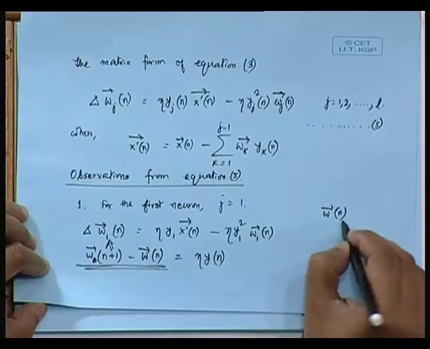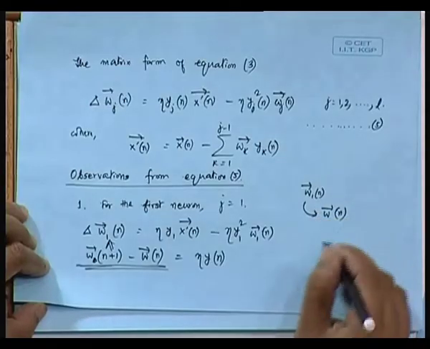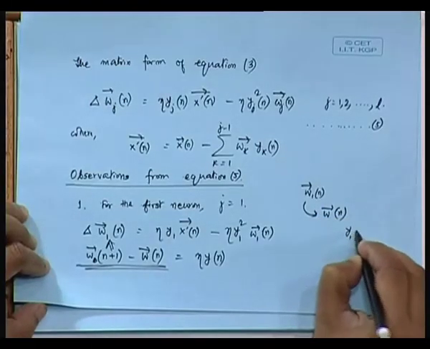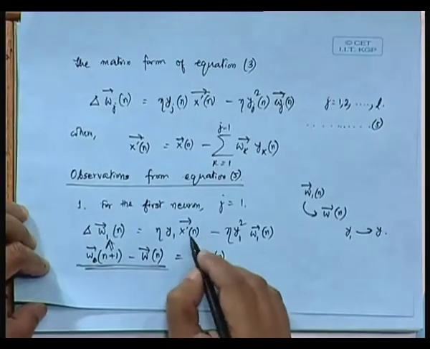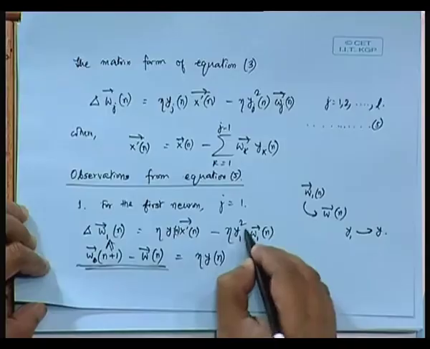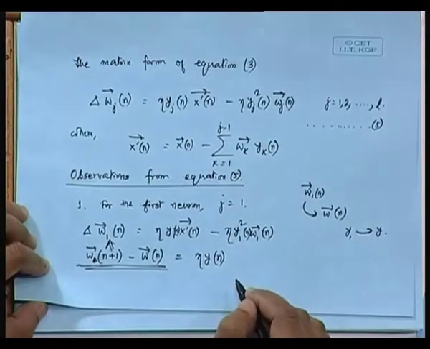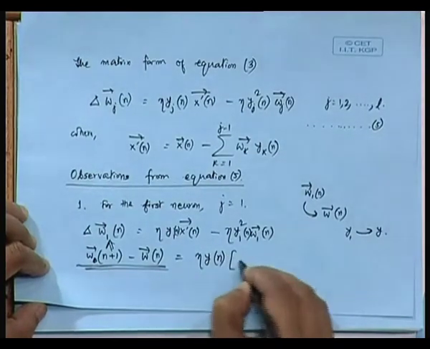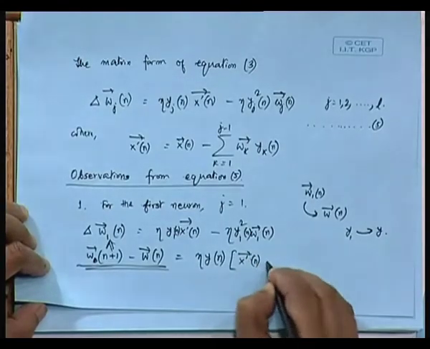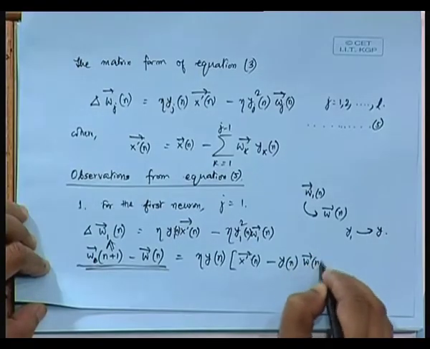Instead of W1 n, we are calling it Wn, and instead of y1, we are calling it y. So, this whole thing can be written as eta yn, and then within the bracket we will have x prime of n minus yn Wn.